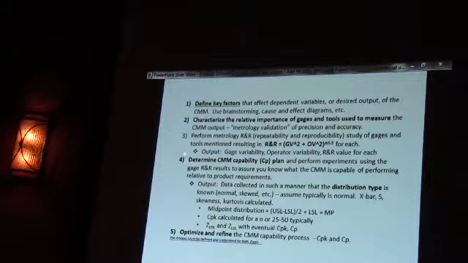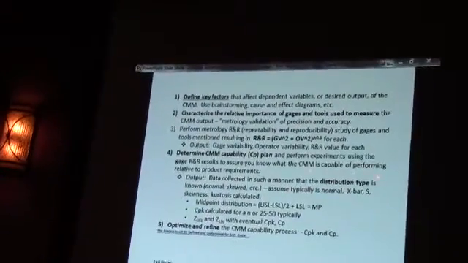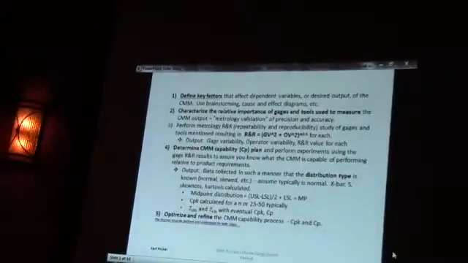Then you perform a gauge repeatability and reproducibility methodology where you test the gauges and the tools with the CMM. And then lastly, you determine the CMM capability plan, and then you perform experiments whereby you determine the distribution of your test results. You might have to measure, is it normal?